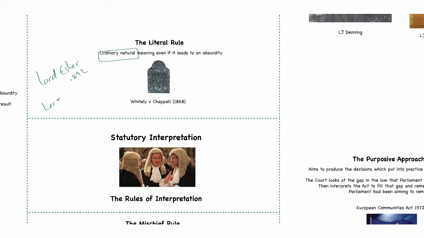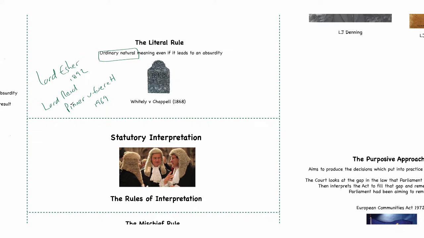And Lord Reid, in Pinner v. Everett, and that was a much later case, 1969, said, in determining the meaning of any words or phrase in a statute, the first question to ask is always, what is the natural and ordinary meaning of that word or phrase in its context in the statute?